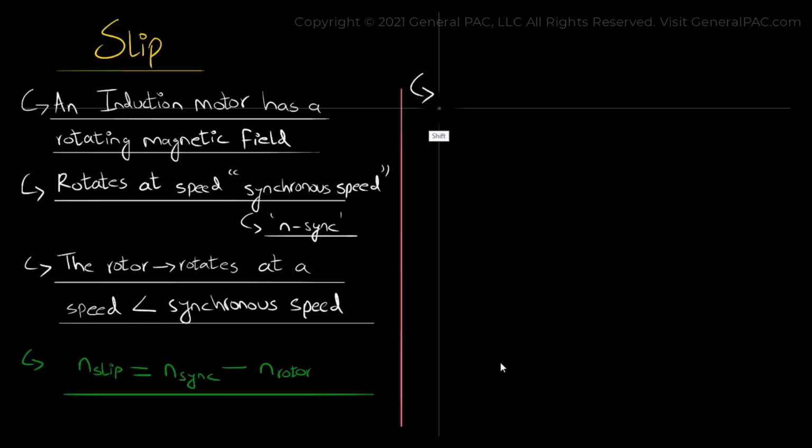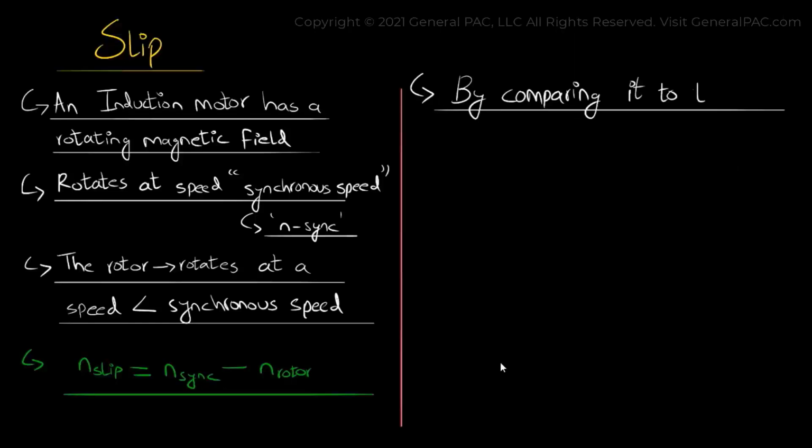Another way of representing the slip speed is by comparing it to the synchronous speed in fractional form, i.e. the slip speed is divided by the synchronous speed. This quantity is known as the slip, and it is a good numerical indicator of the difference between rotor speed and synchronous speed.